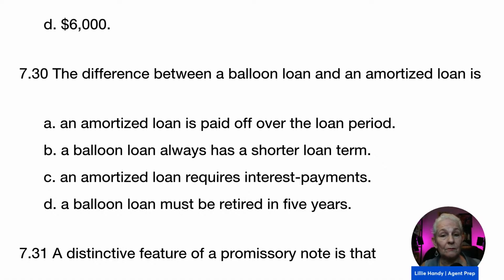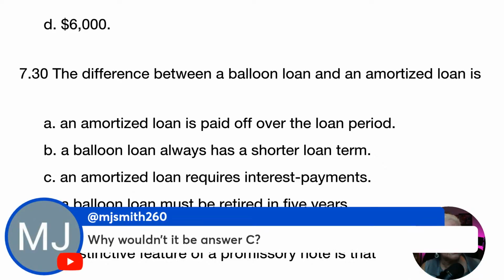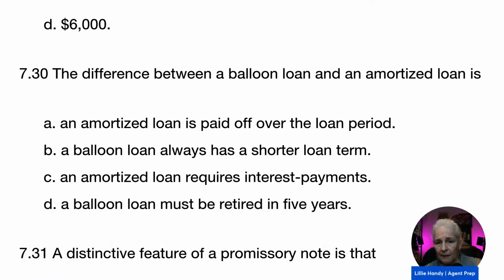Military move a lot. So why wouldn't it be C? Because not all amortized... it says an amortized loan requires interest payments. There are interest only loans, okay?